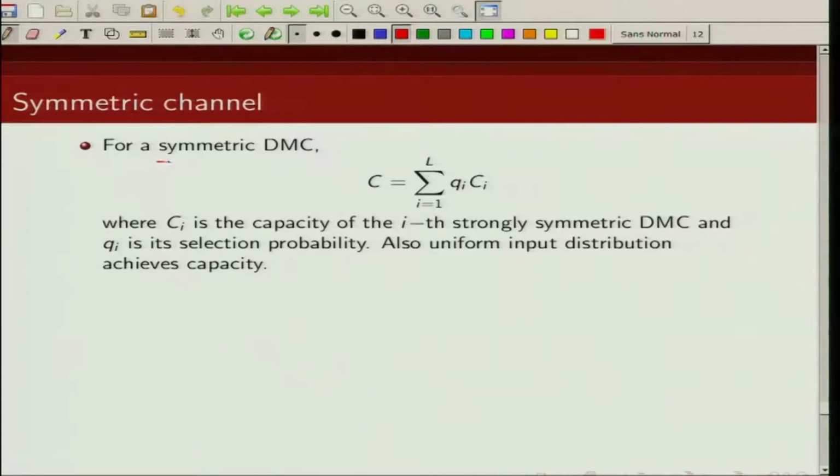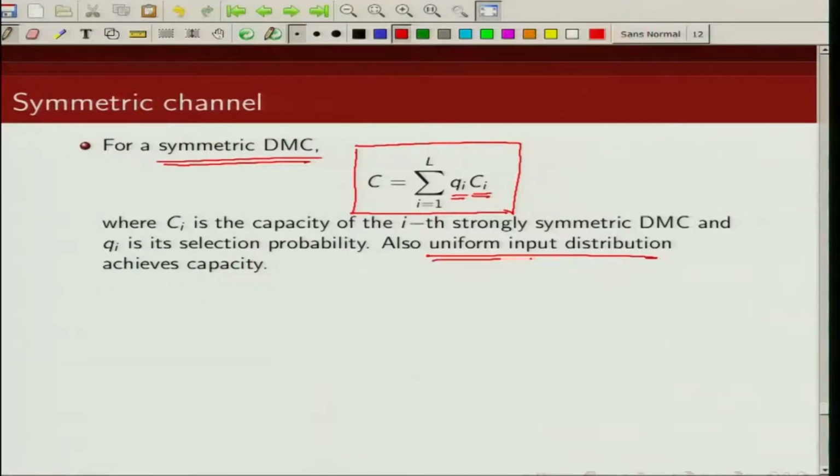So for a symmetric discrete memoryless channel, the capacity is given by this expression, which is the sum over all L such discrete memoryless channels of the capacity of each individual channel multiplied by its selection probability. And it is the uniform input distribution that will achieve capacity.